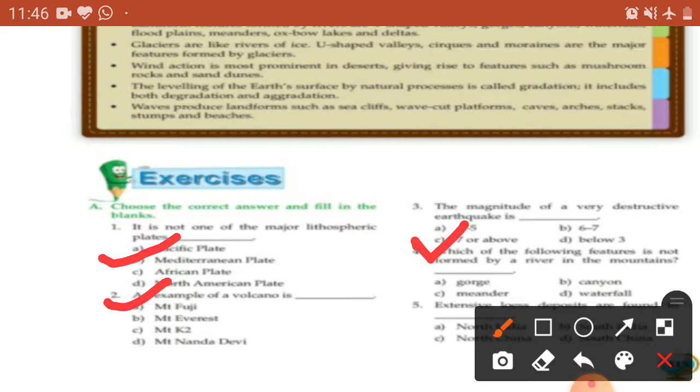The options are A gorge, B canyon, C meander, D waterfall, and its right option will be option C. Next, question number 5: extensive loess deposits are found in, and our options are A North India, B South India, C North China, D South China, and its right option will be C, North China.